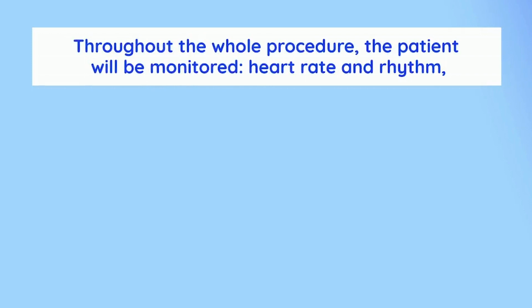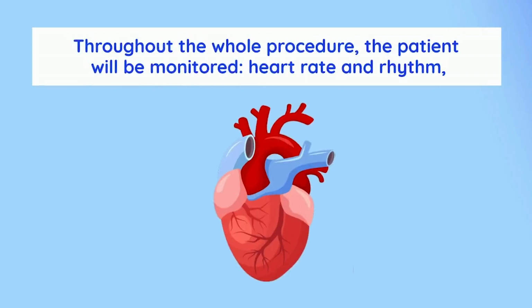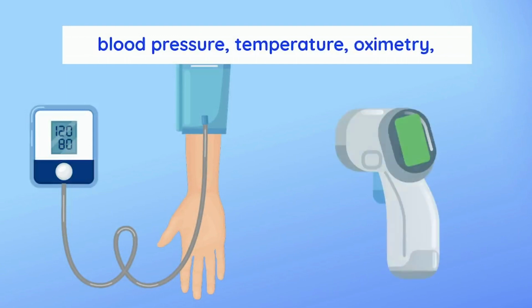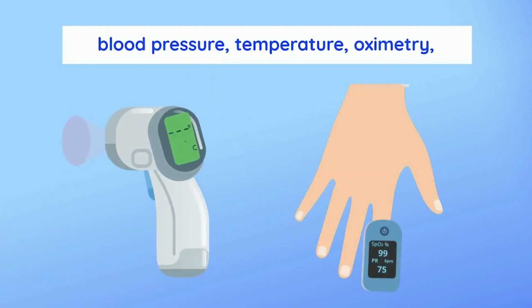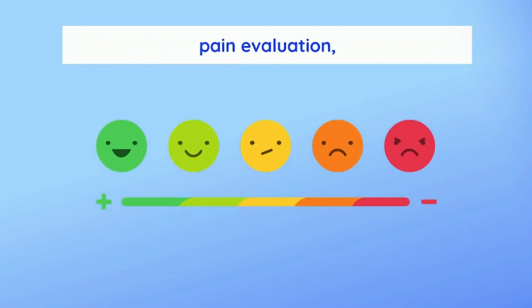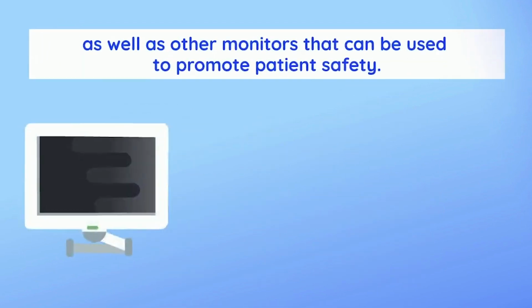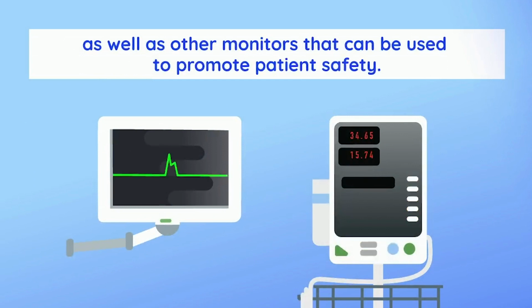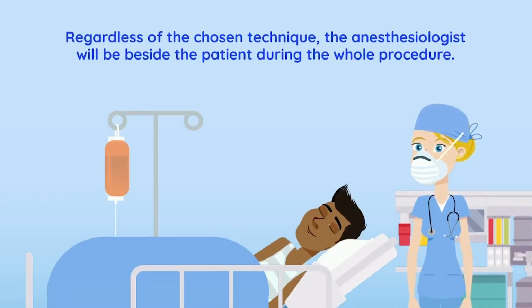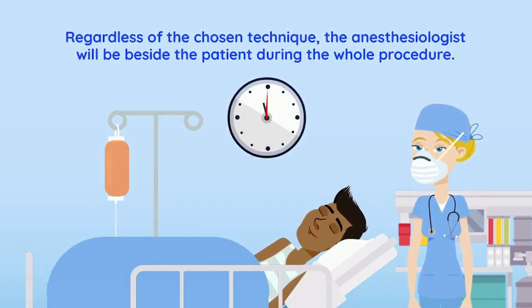Throughout the whole procedure, the patient will be monitored: heart rate and rhythm, blood pressure, temperature, oximetry, pain evaluation, as well as other monitors that can be used to promote patient safety. Regardless of the chosen technique, the anesthesiologist will be beside the patient during the whole procedure.